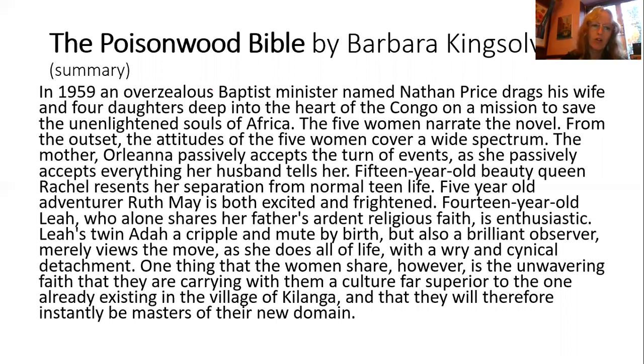The mother, Orleana, passively accepts the turn of events as she passively accepts everything her husband tells her. 15-year-old beauty queen Rachel resents her separation from normal teen life. 5-year-old adventurer Ruth May is both excited and frightened. 14-year-old Leah, who alone shares her father's ardent religious faith, is enthusiastic.